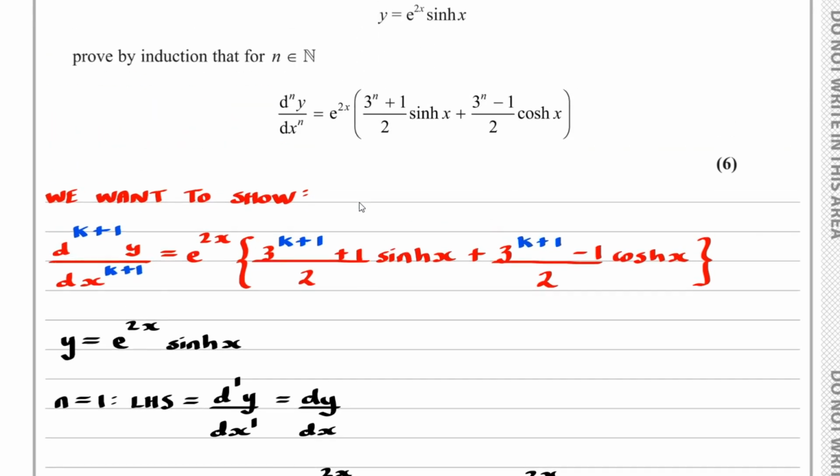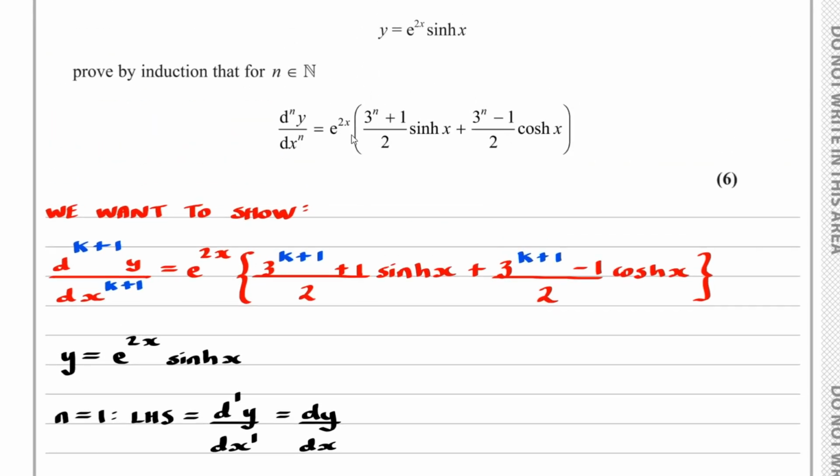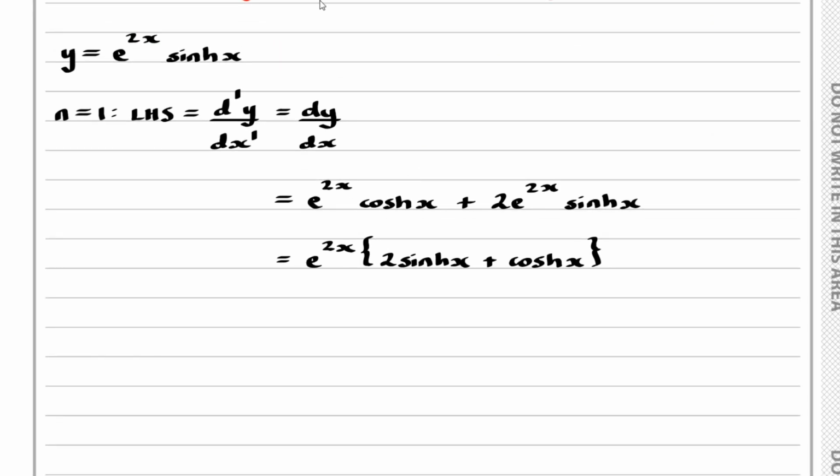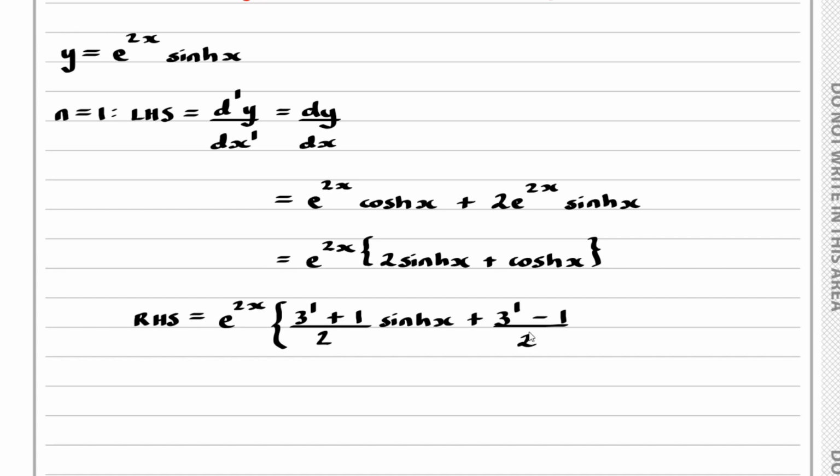Now, if we take a look at the right hand side and replace the n with 1, we have e to the 2x multiplied by (3^1 + 1)/2 multiplied by hyperbolic sin x plus (3^1 - 1)/2 multiplied by hyperbolic cosine x. And if we work all of this out, we have the e to the 2x, and here we have (3 plus 1) over 2, which is 2.